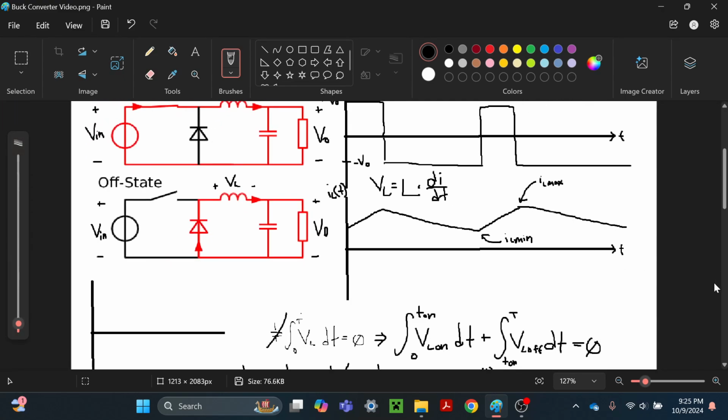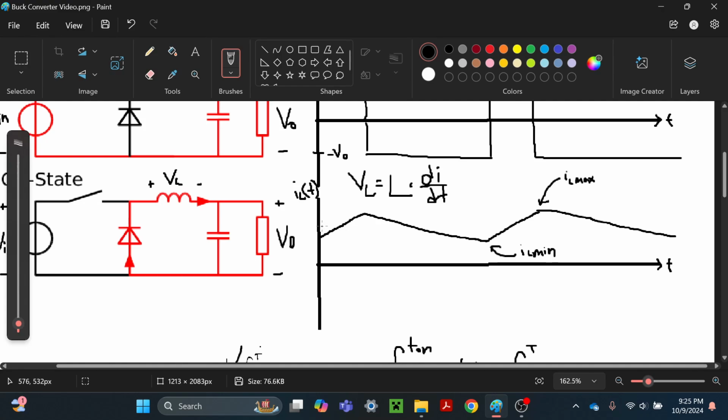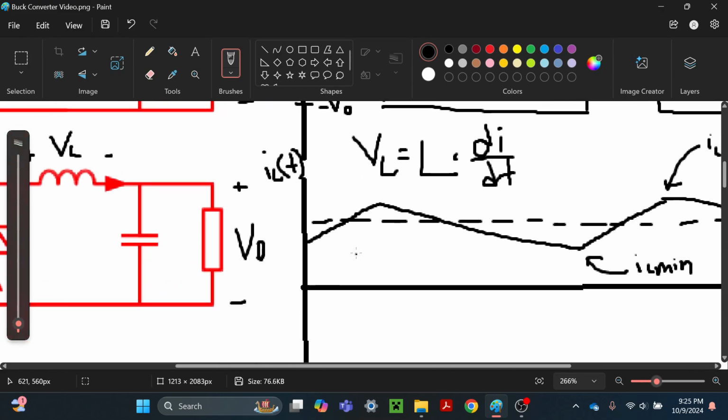And then the average value is going to be IL average. This bar represents average, which is actually equal to I out average.